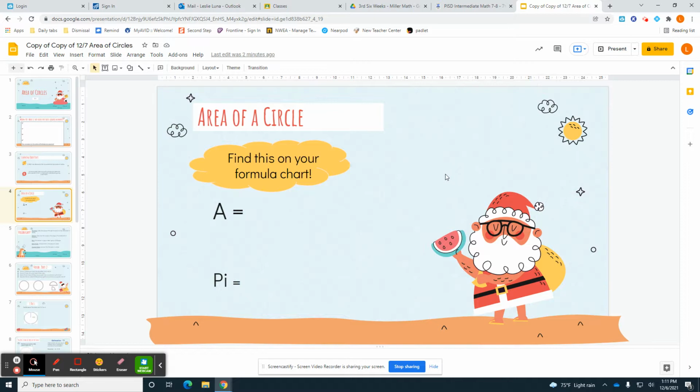Find this formula on your formula chart. So you're gonna go ahead and grab your formula chart and find area. Area is gonna be one of the black boxes on the formula chart. And then under area, you're going to find circle because we're looking for area of a circle. So what is your formula for area of a circle? I'm going to wait a little bit.